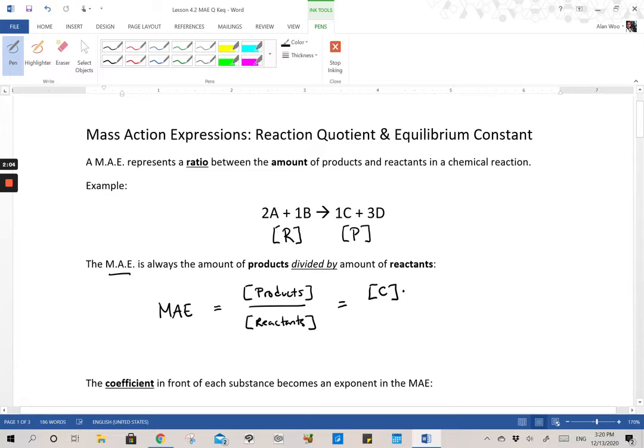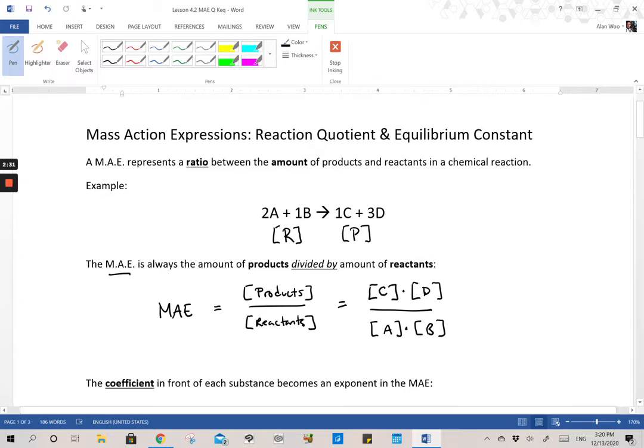Now, it's multiplied, not plus. It may be plus in the reaction, but when you do the mass action expression, it's always multiplying the products and reactants. So you have C and D being multiplied divided by A times B. So that takes care of the actual substances.